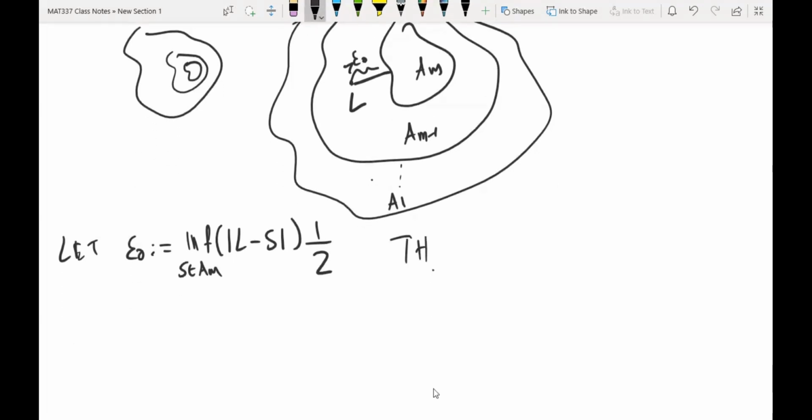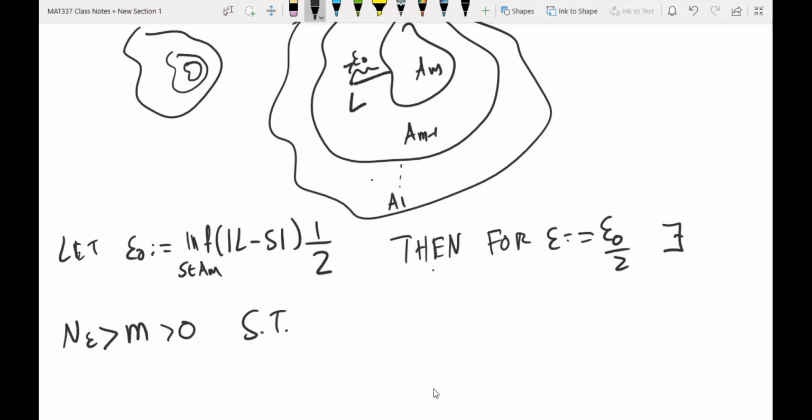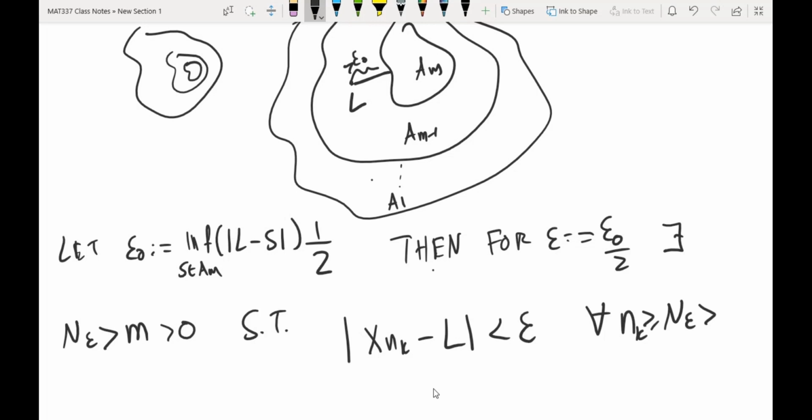Then for epsilon equal to epsilon naught over 2, there exists n epsilon bigger than m such that |xnk minus L| is less than epsilon for all nk bigger than n epsilon and m.